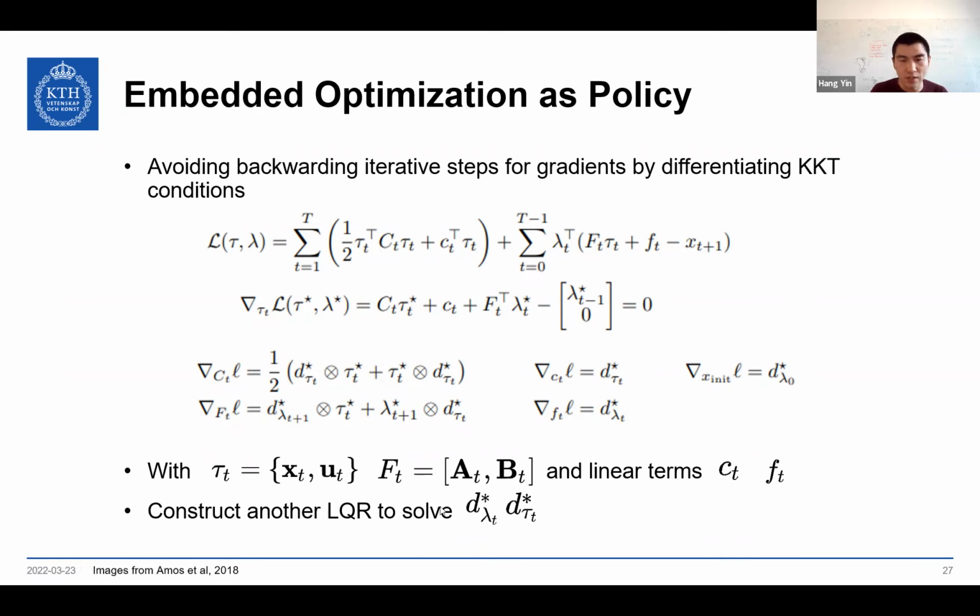If you look at the math, they just prove that for the backward part, you construct another LQR for these auxiliary variables and solve that, because we already showed you that LQR has a very simple form, with solutions in closed form. So this can be very efficient.